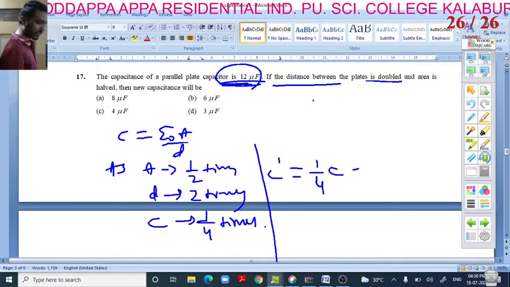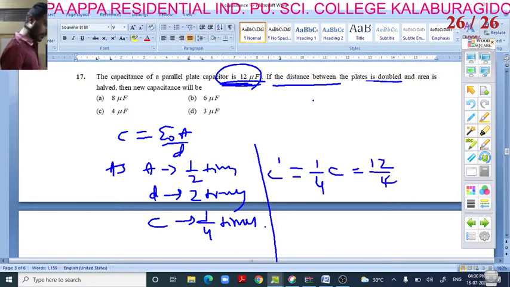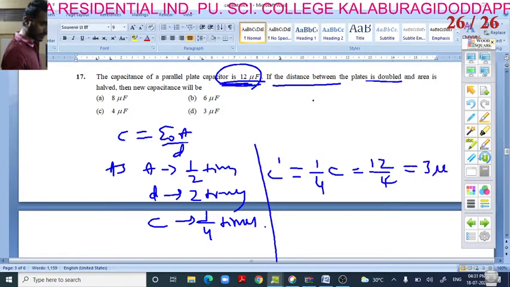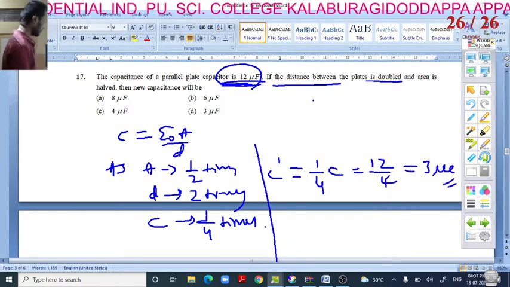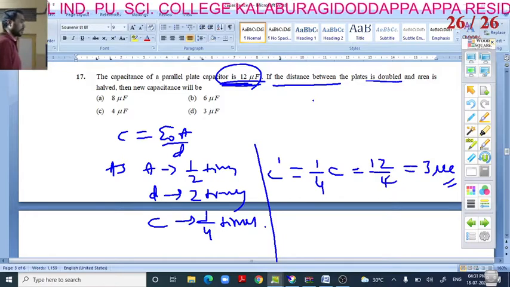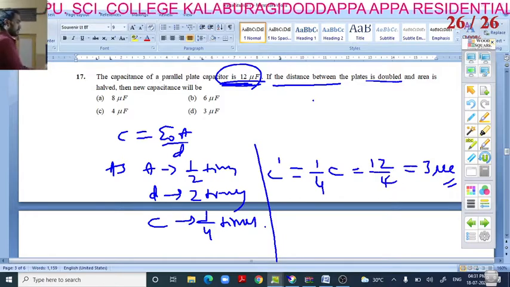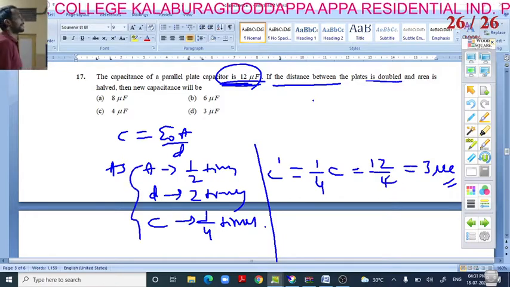Initial he has given 12, divided by 4, that is equal to 3 microfarad. Right? So try to understand. Next.